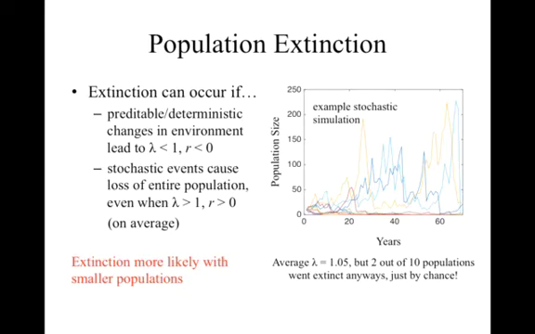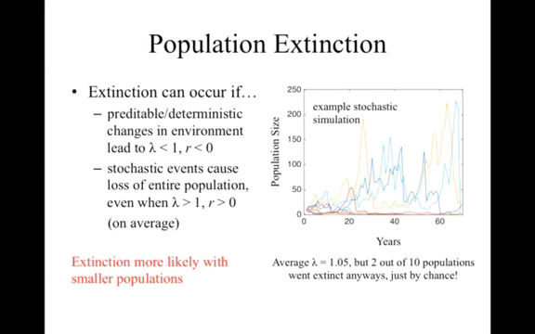For exponential growth, little r has to be less than 0 for the population to decline, and little r has to be greater than 0 for the population to increase. But sometimes populations go extinct even if on average adults typically have more than one baby, right? And that's because stochastic events can cause the loss of entire populations, even when on average the growth rate for the population is bigger than 1.